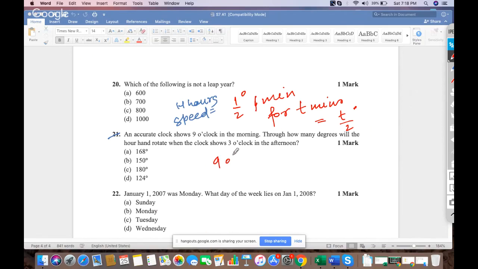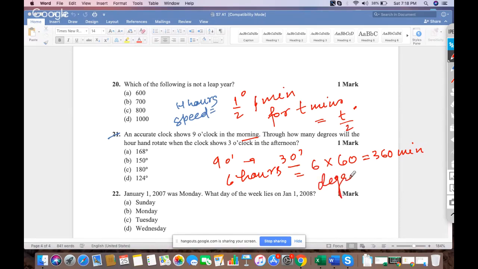So 9 o'clock in the morning to 3 o'clock in the afternoon is 6 hours. So 6 hours means 6 into 60, 360 minutes. So degrees would be equal to t by 2, which is 360 by 2, that is equal to 180 degrees.